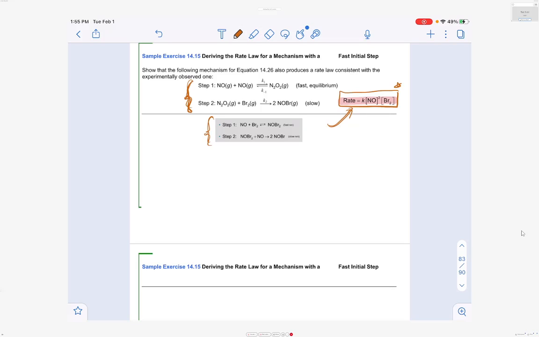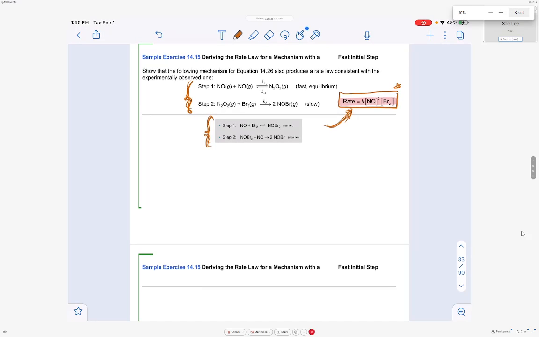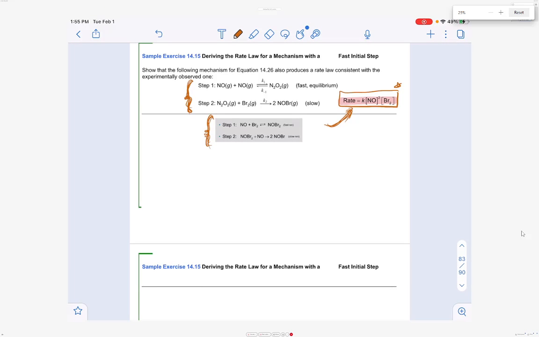So this is not the definite answer for this rate law. You can have this mechanism, and some other mechanisms that agree with this rate law. Again, this is what I proposed, and now what we want to prove is whether these mechanisms will have this rate law or not. So that's what we're going to do.